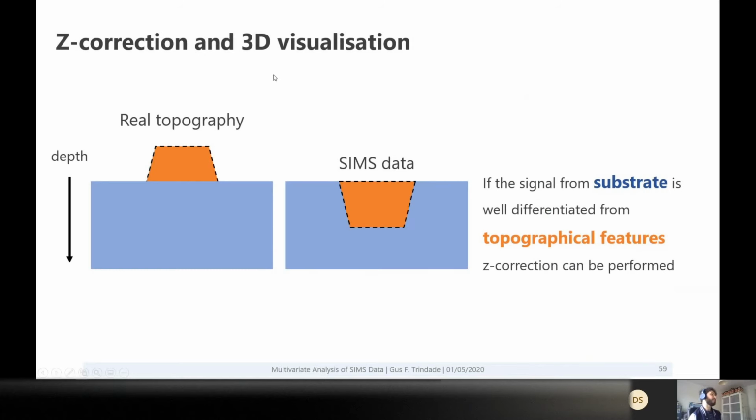For 3D, there's something you can do before and after as well, which is correcting for topography. Because if your depth profile has topography, like in this example here, when you get the SIMS data, that's what it's going to look like, because the levels are not going to differentiate whether or not there was topography in the beginning. So you get this kind of inverted result.